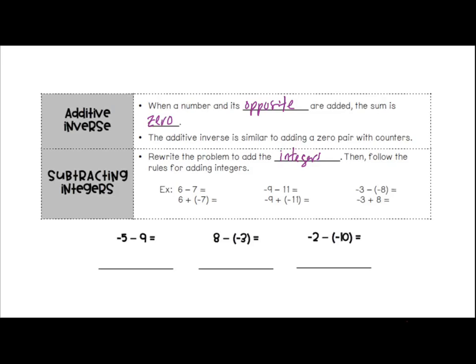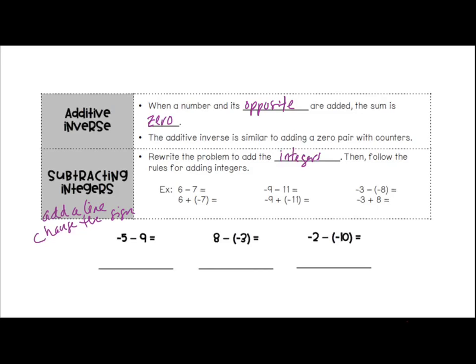Then follow the rules for adding integers. We did this yesterday where we talked about how we are really just adding the opposite. For example, 6 minus 7 is really 6 plus negative 7. And I'm going to use a little phrase to help you with it. We're going to say add a line, change the sign.